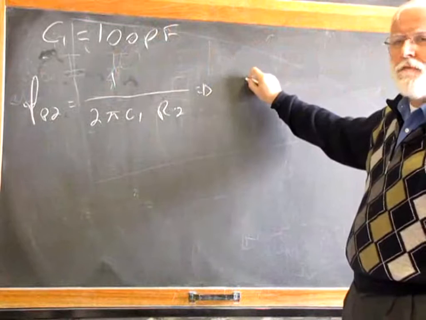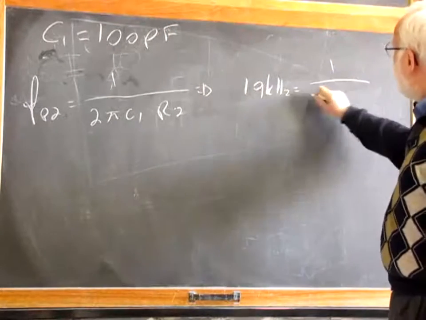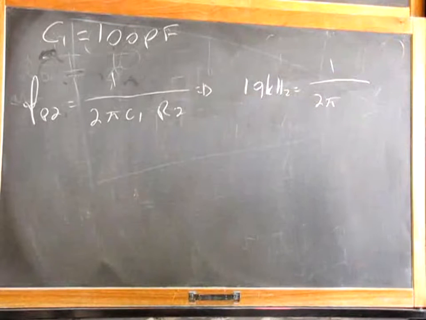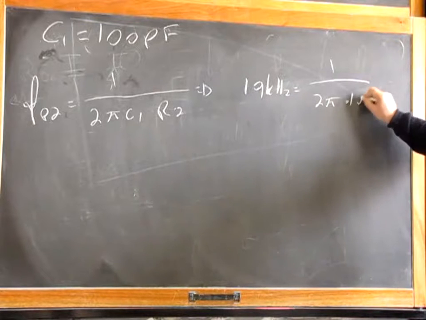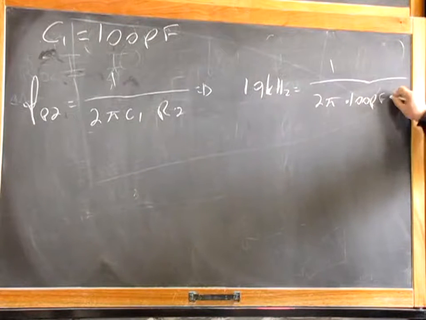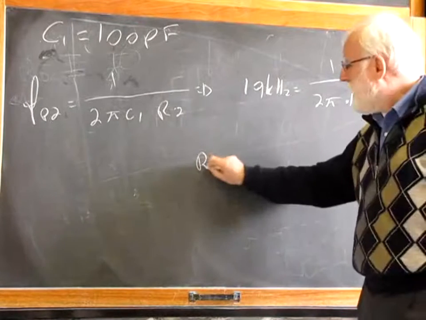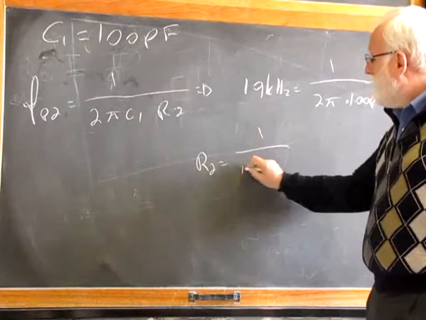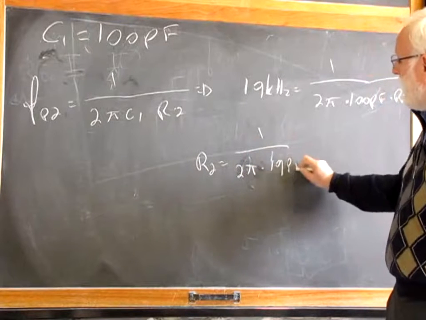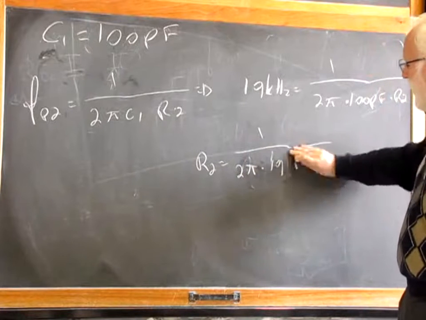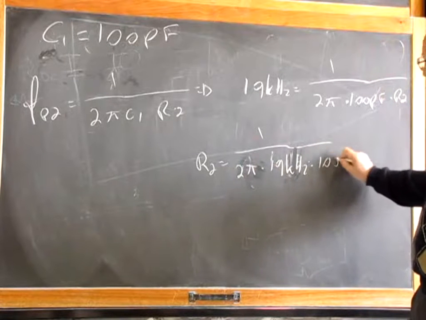What frequency did we choose? 19 kilohertz equals 1 over 2 pi C1 is 100 picofarads times R2. And solving a very difficult equation, R2 equals 1 over 2 pi times 19 kilohertz times 100 picofarads.